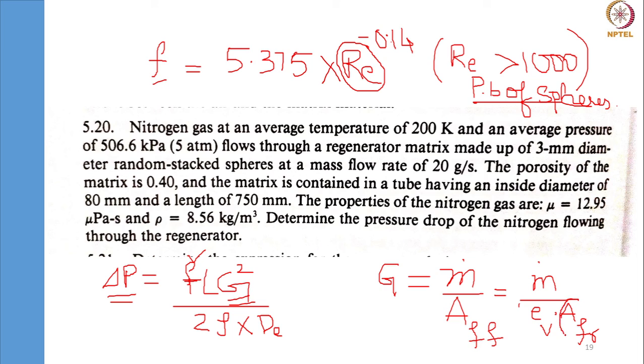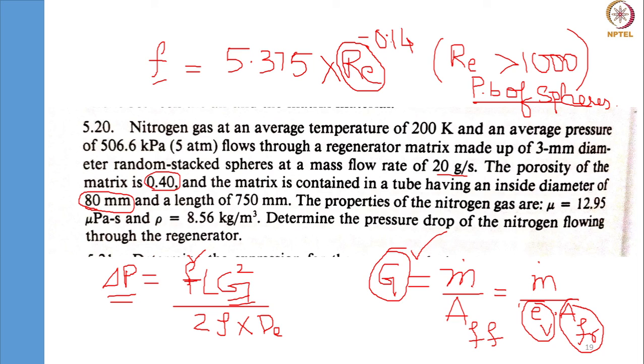Frontal area is pi by 4 times ID of tube squared, so pi by 4 times 0.08 squared is my frontal area. That multiplied by porosity of 0.4 gives the denominator, and in the numerator I have 20 grams per second. So I am done with calculating the mass velocity.